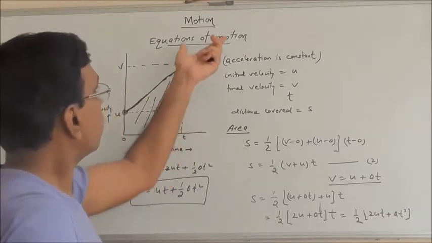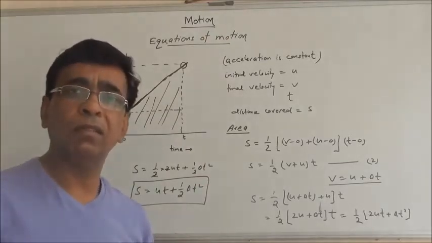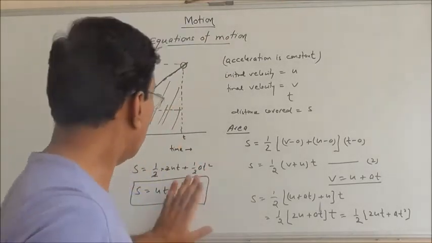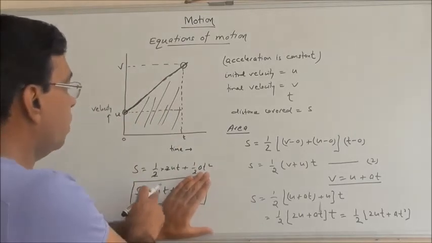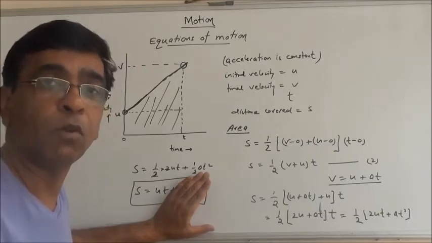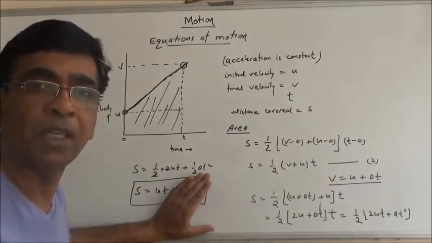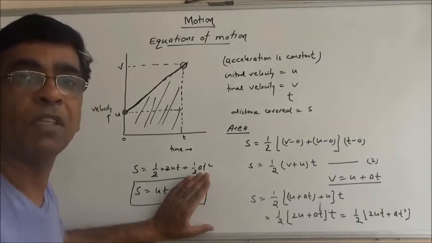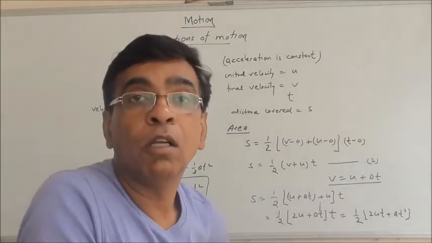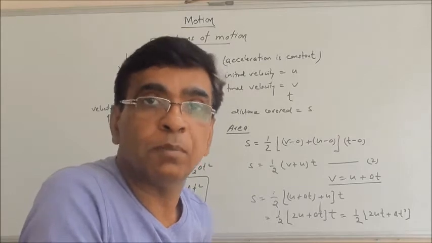Now see, this is for constant acceleration. If there is no acceleration, acceleration 0 means the body is moving with constant speed. a is 0, and then what are we left with? Distance is equal to speed into time, the formula we all are aware of. Speed is distance upon time, or distance is speed into time. When? When there is no acceleration, or when the body moves with constant speed.